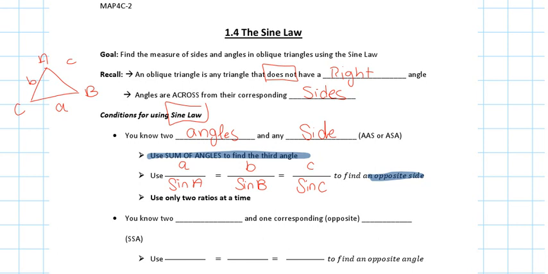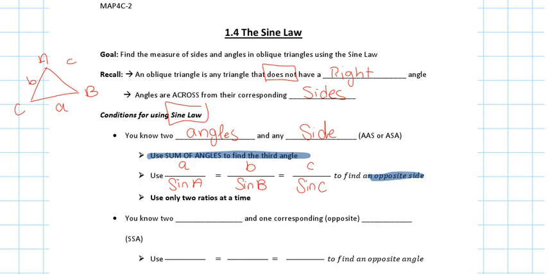Now in this situation, I have three ratios, and they're all equal to each other. When I'm solving, I'm going to use two of the ratios. It's up to whatever is given to me, then I pick the two ratios that I need to use. I don't use all three of them. I only pick two. In this case, I'm going to have the two angles and one of the sides, and I'm going to look for the other side.